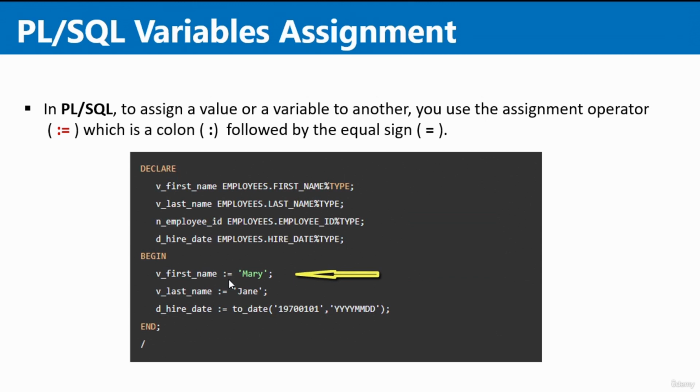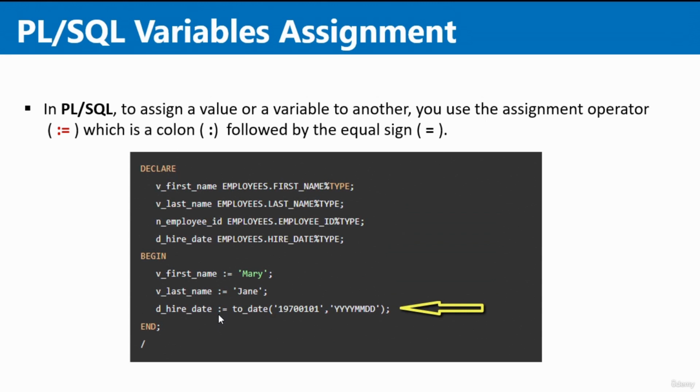We're using that to assign a value of Mary to the first name variable. And then in the v_last_name variable, again, we're using the variable assignment to assign a value Jane to the v_last_name variable. Similarly, on this variable called d_hire_date, I'm using the variable assignment.